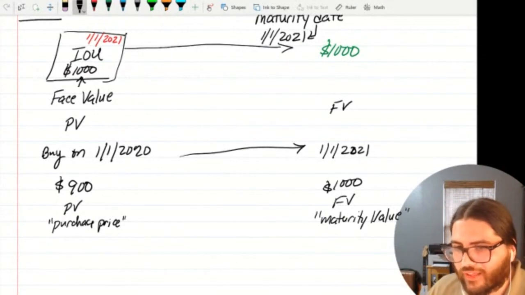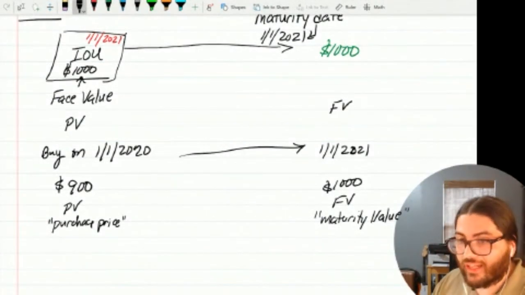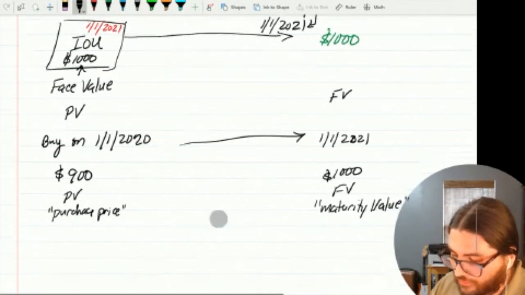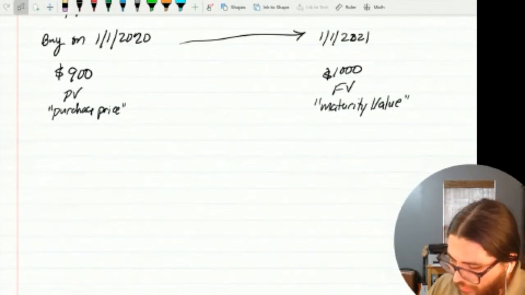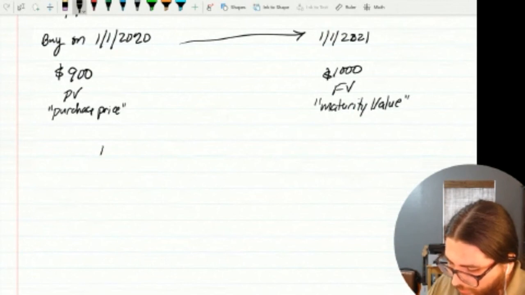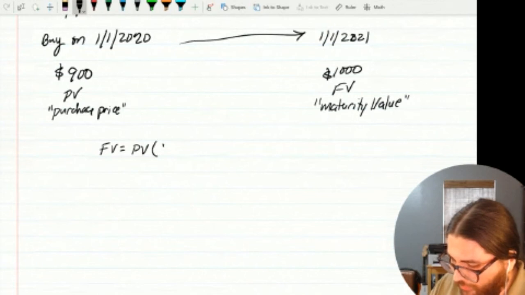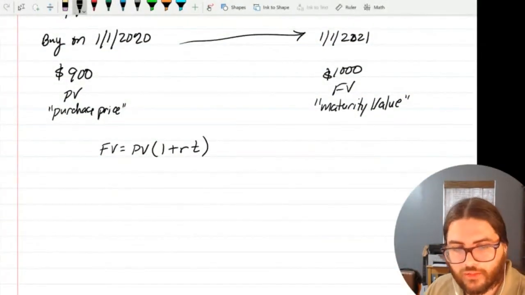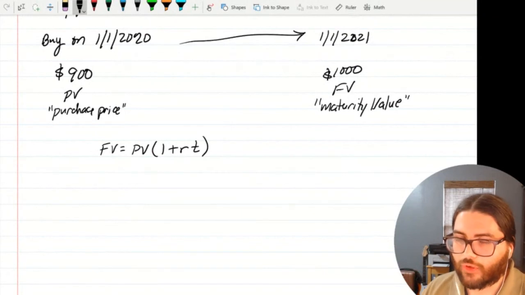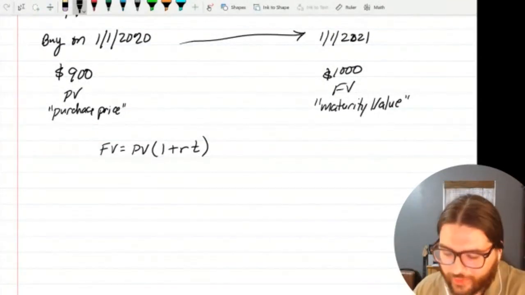So let's analyze this bond the same way that I would analyze a simple interest bank account, just like the homework problems we did a minute ago. I'm going to pull out my future value equals present value times (1 plus RT) formula. I'm using the future value, present value version because this is not a bank account.